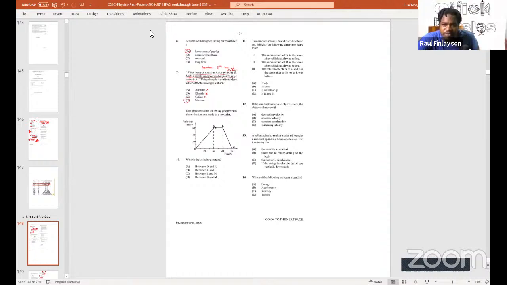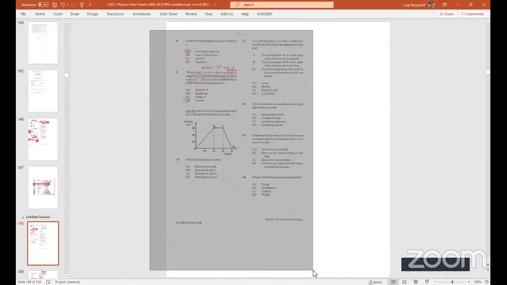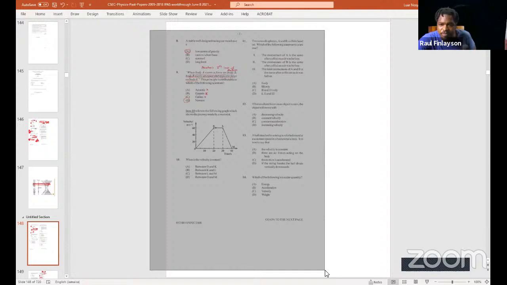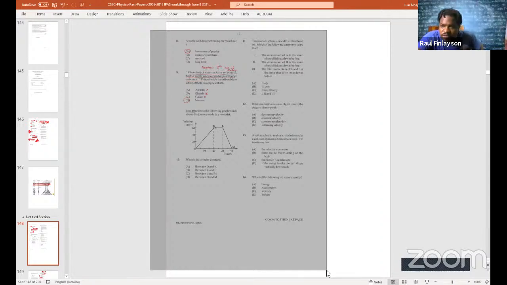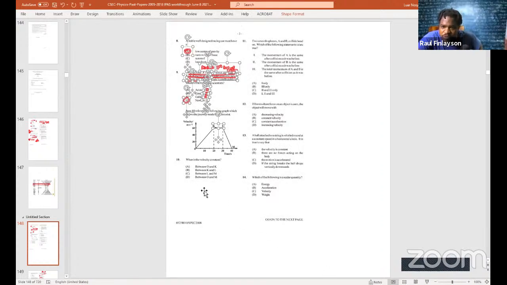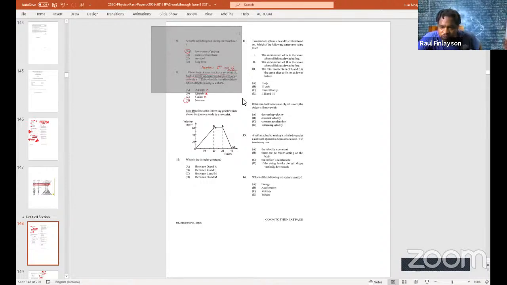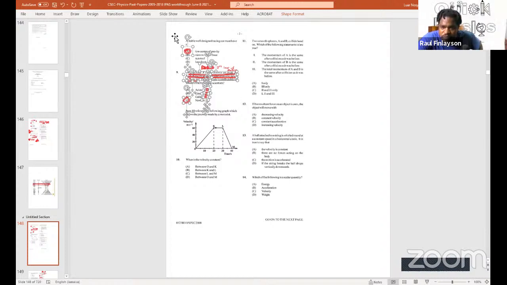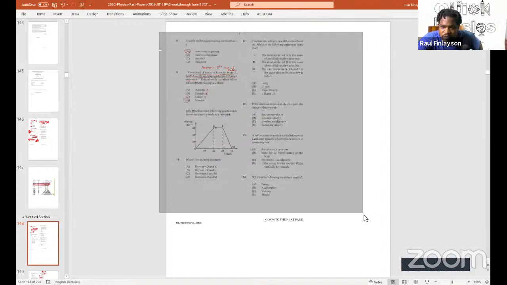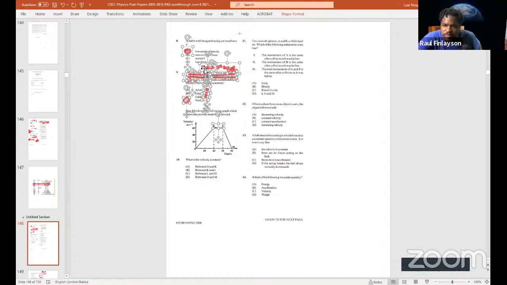It was actually converted from a PDF to PowerPoint, so you lose some quality there. See if I can just cut out this part and send this. No, it works. All right, we try this.